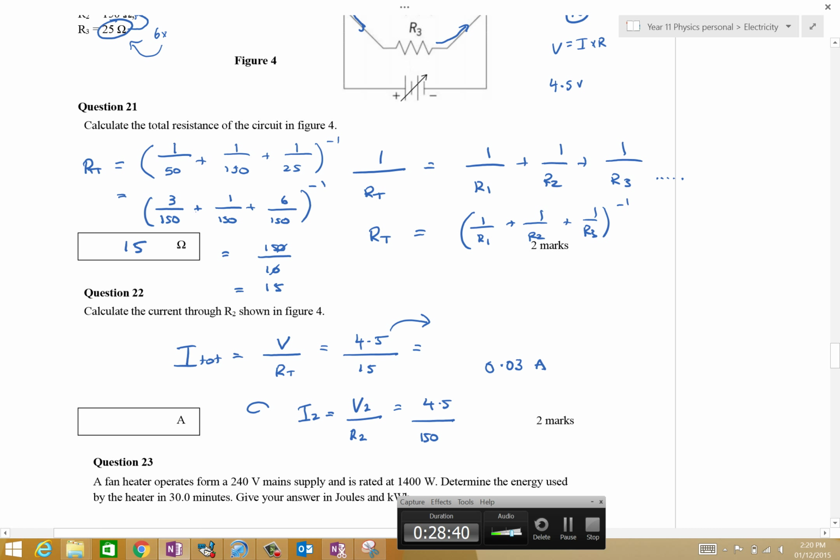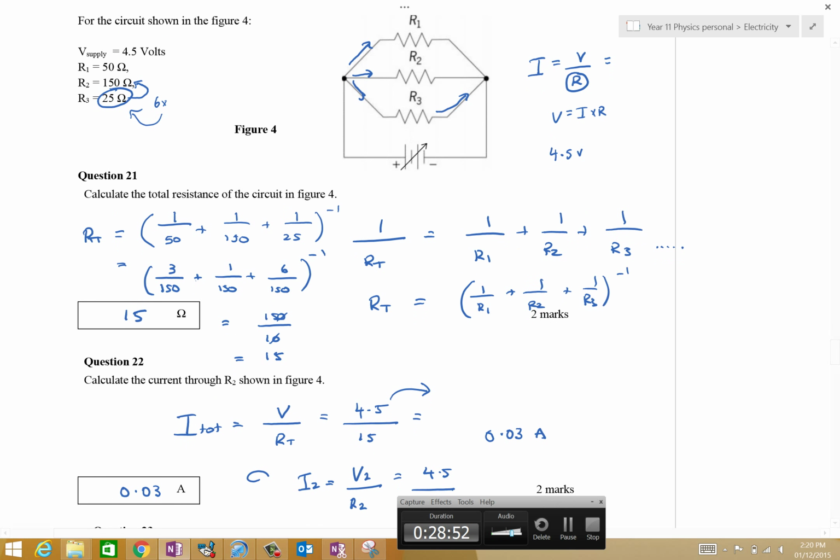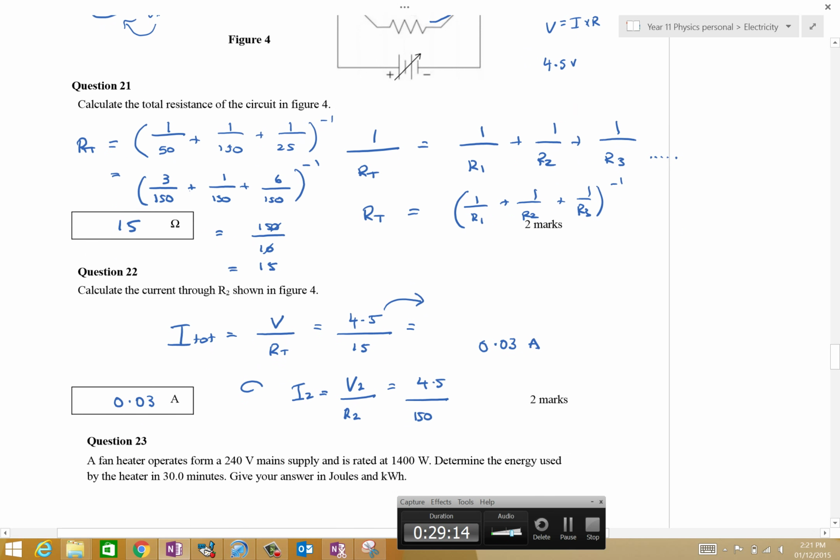0.03 amps. What about if I wanted that in milliamps? Well, I guess we don't need to, that's okay. Now, if 0.03 amps is going through here, didn't we say that R3 would get 6 times the amount? Well, let's confirm that.